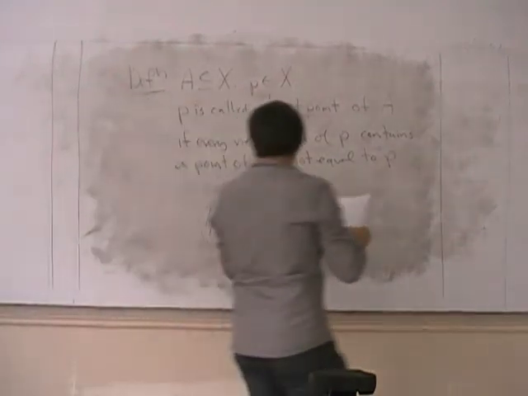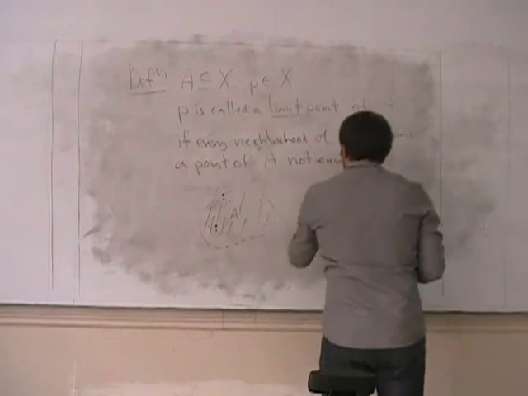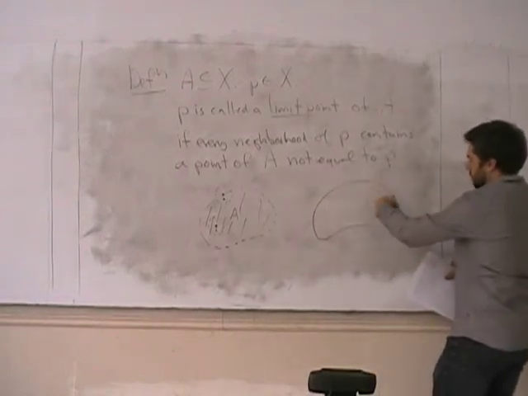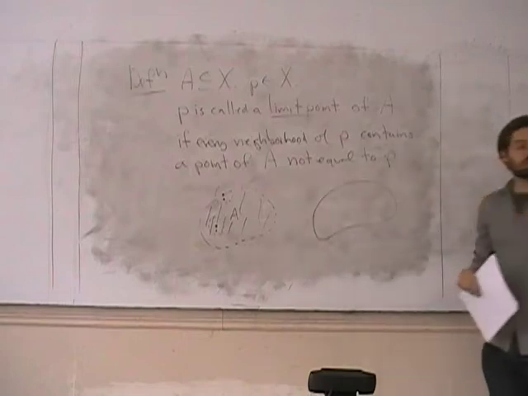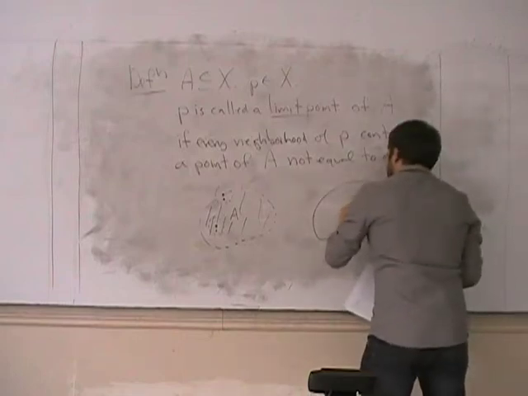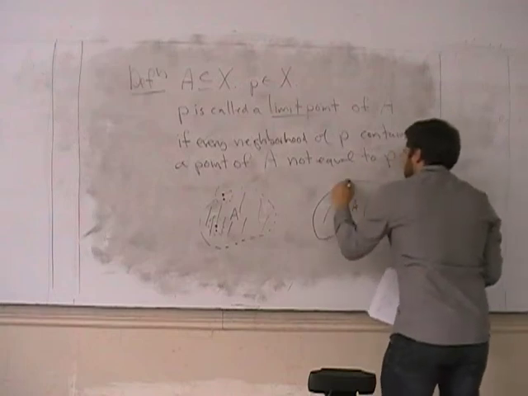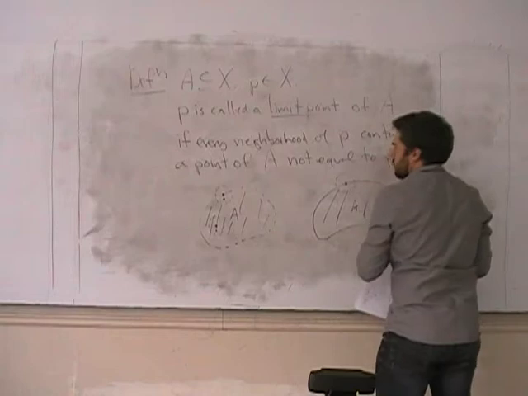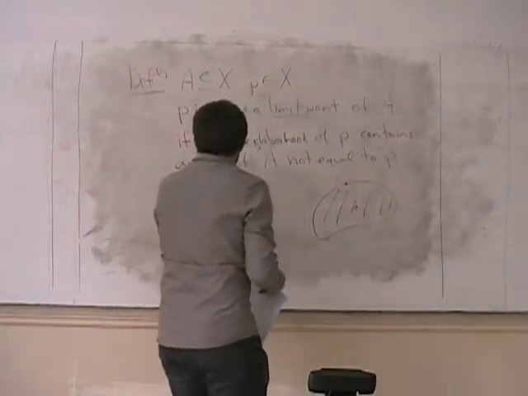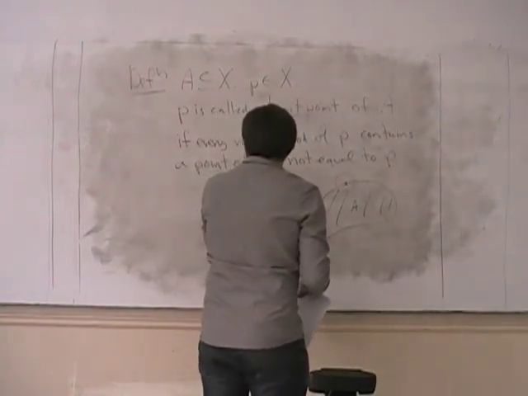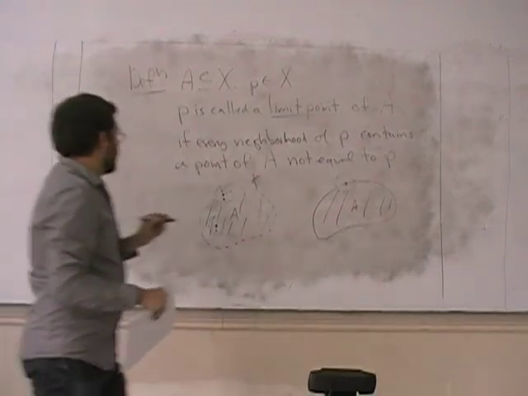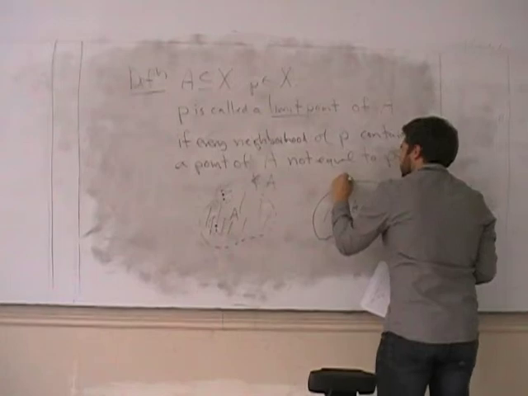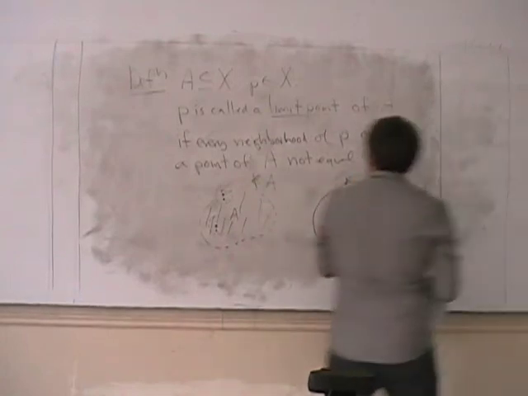Notice that the same thing happens here if I make this picture, which is supposed to indicate that actually the points on what I just drew belong to A as well. Notice that this point here is also a limit point of A. So the difference here is that this point here, I'm trying to make you think that it's actually not an element of A. But this point here is an element of A.